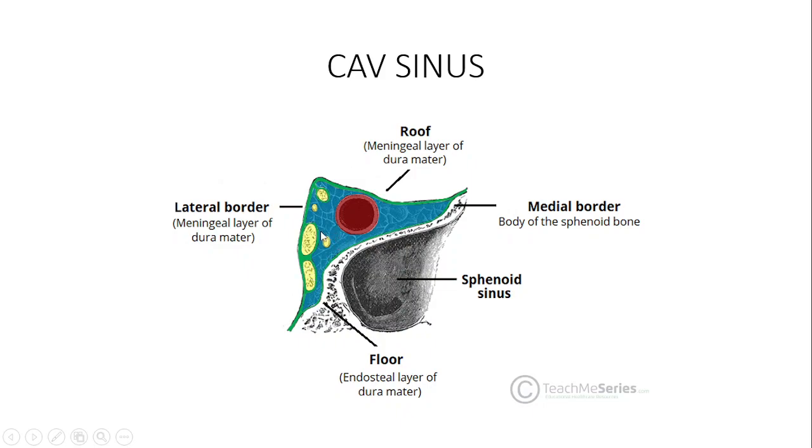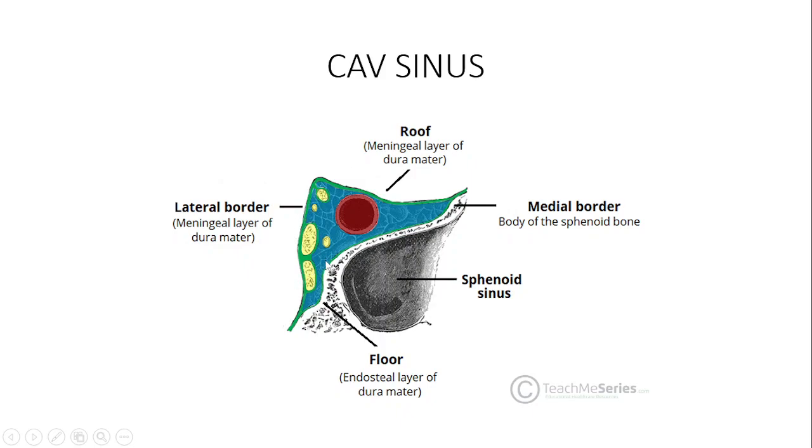This is the abducent nerve, or sixth cranial nerve, and the internal carotid artery. Running along the same pathway as the internal carotid artery are the oculosympathetic fibers from the carotid plexus. Remember, the trigeminal nerve has three major branches: the ophthalmic, the maxillary, and the mandibular. The mandibular does not pass through the cavernous sinus. That is why it is not found here.